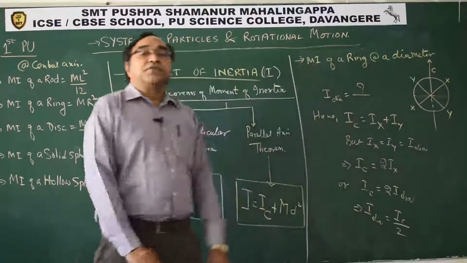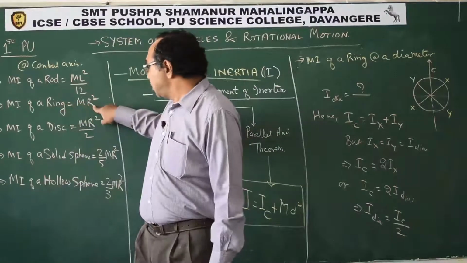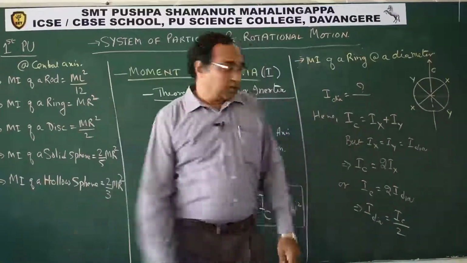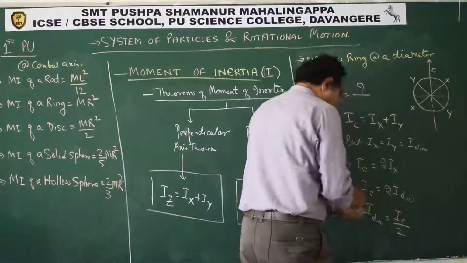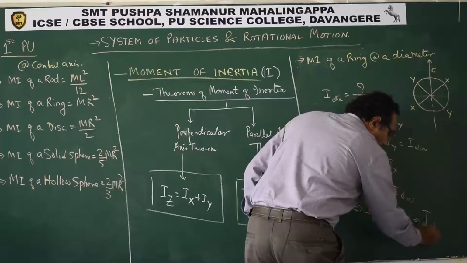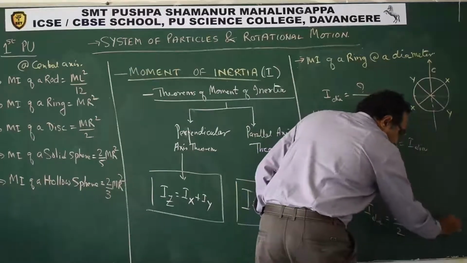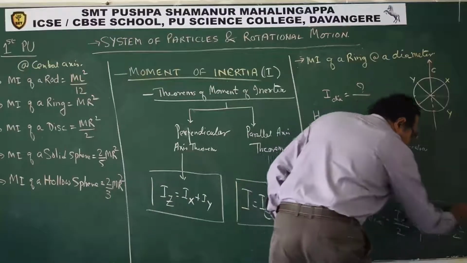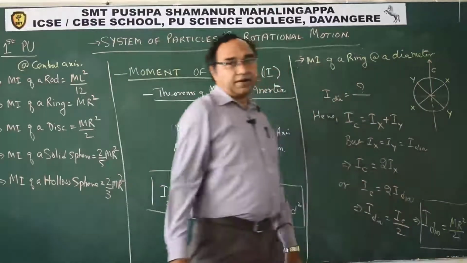Now how much is the moment of inertia about the central axis of the ring? It is mr square. So what we get from this is that I about a diameter is mr square by 2. See how we can find it out.